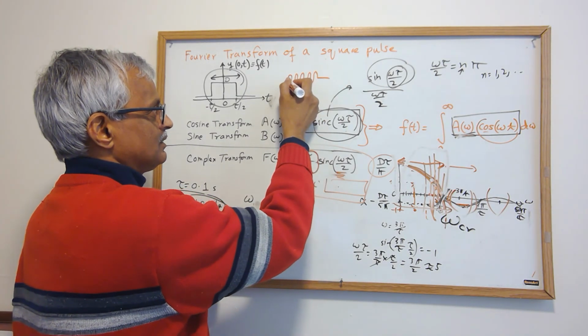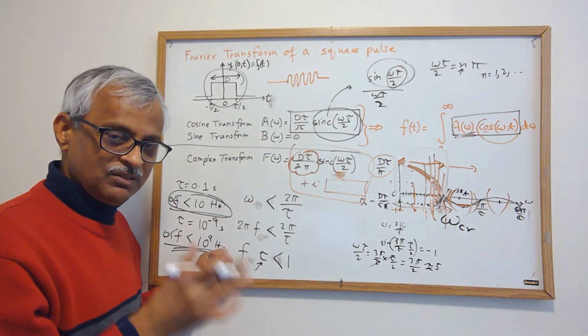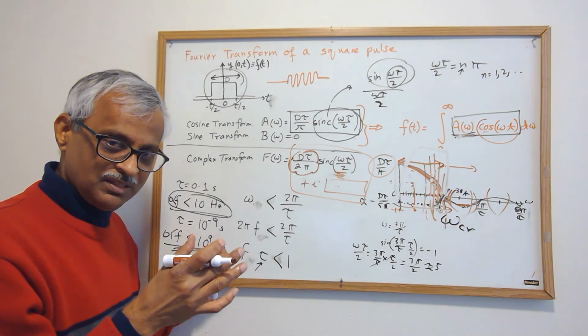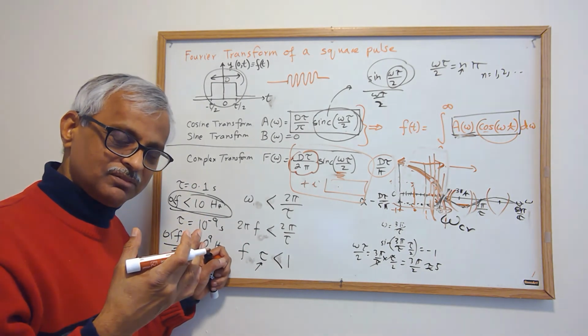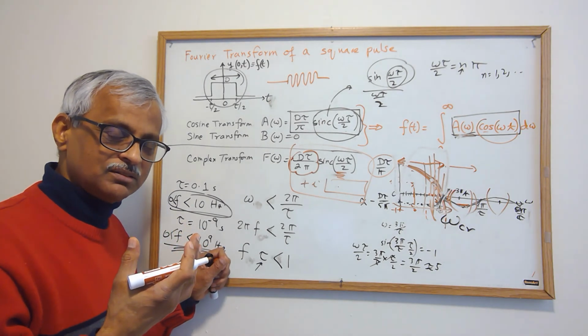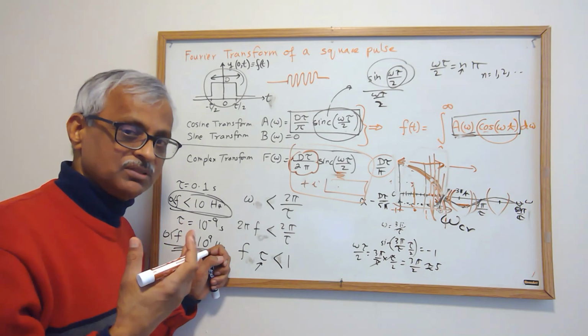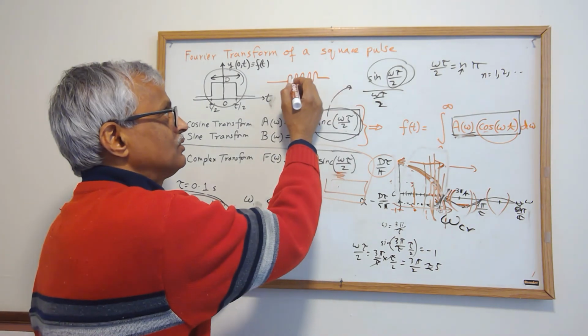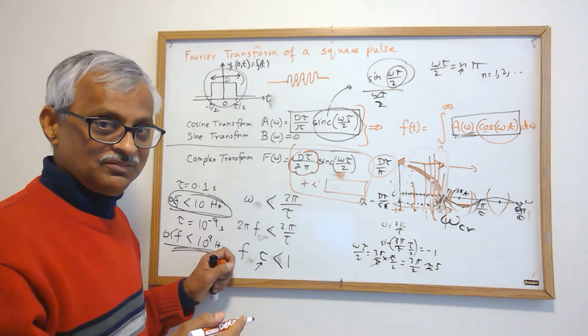If you have 10 to the 14 hertz and you send it for 10 to the minus 9 of a second, you're going to have 100,000 periods inside.